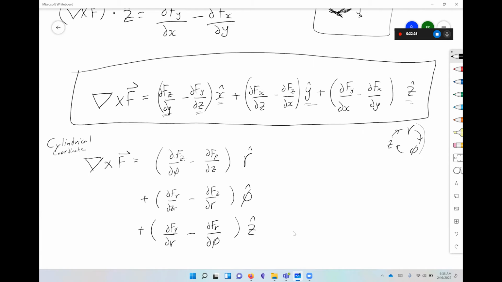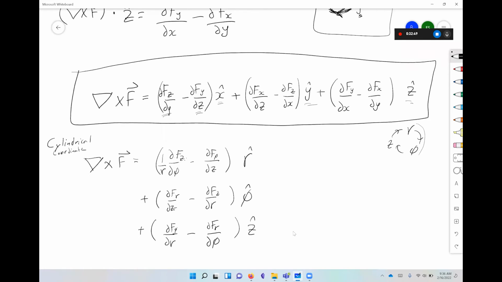But that's not enough now, because this is a cylindrical coordinate system. It doesn't make sense for us to have the exact same formula as the Cartesian, so there have to be some corrections. The corrections are as follows. It turns out to be a 1 over R here. That's the first correction. The phi hat component is the same.